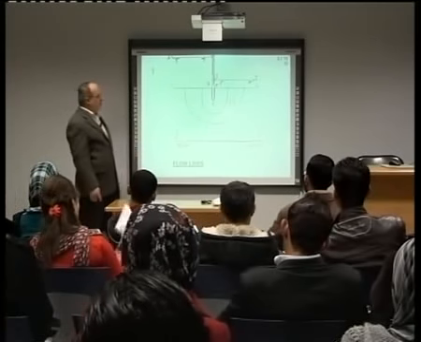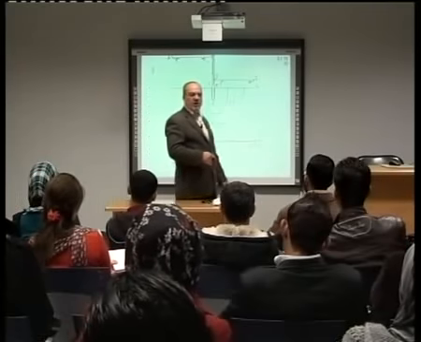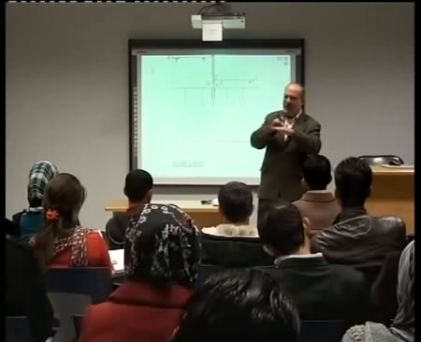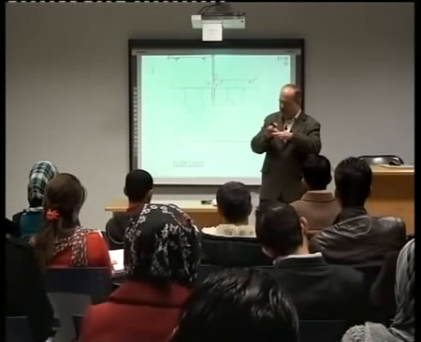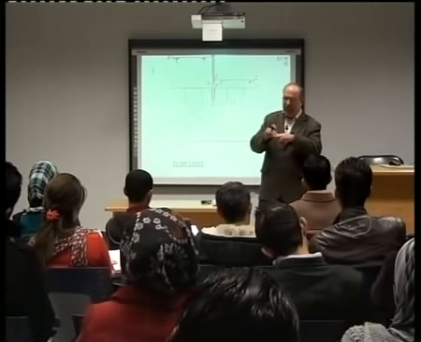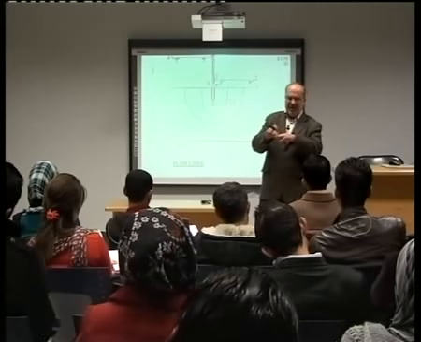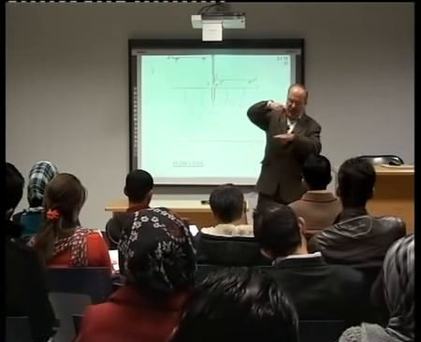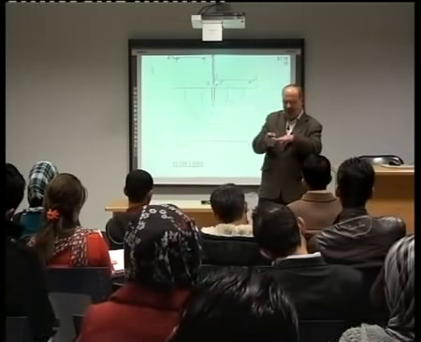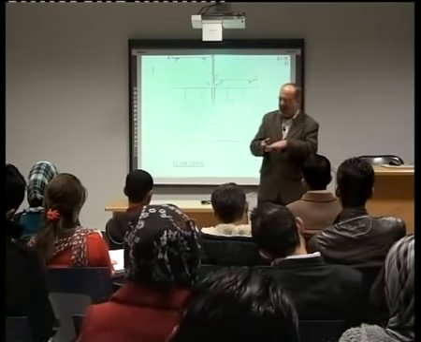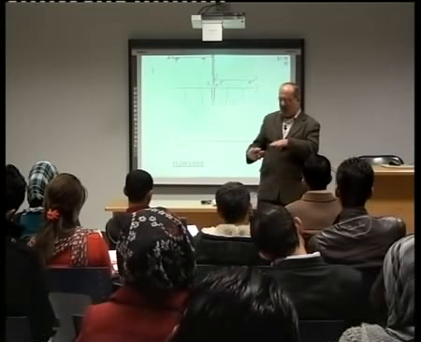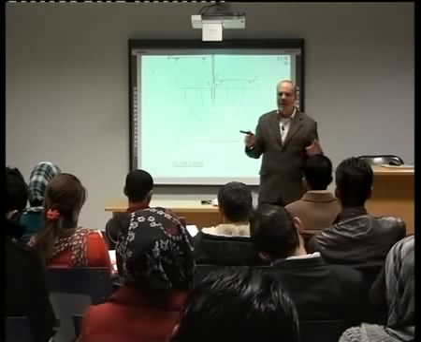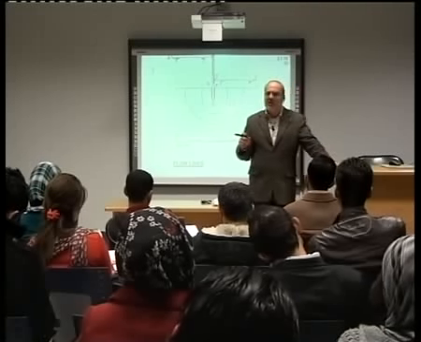What is the first equipotential line? And let me remind you of what an equipotential line is. An equipotential line is the line where the potential of every point on that line is equal to the others, right? It's constant. I mean, if I put water over this line, water will rise to the same level, because all points of this line are similar in their potential, constant in their potential.